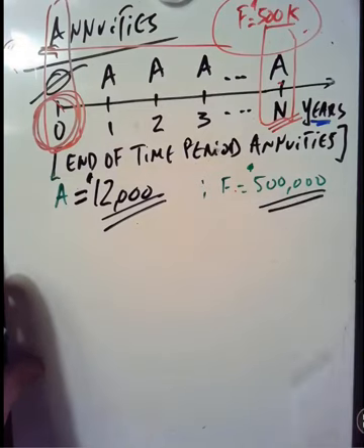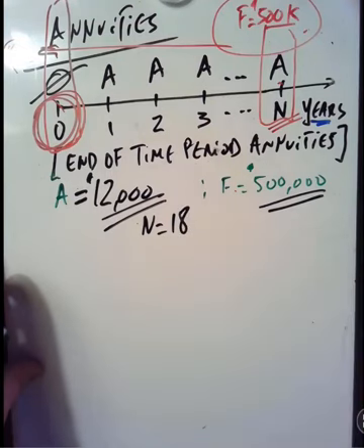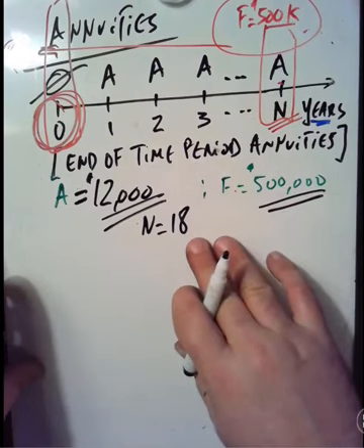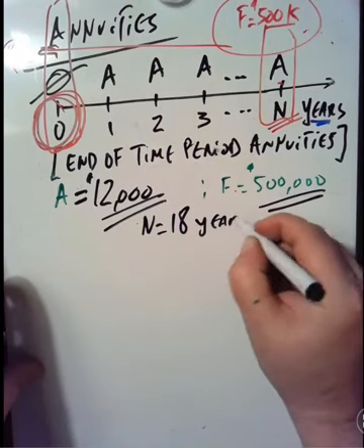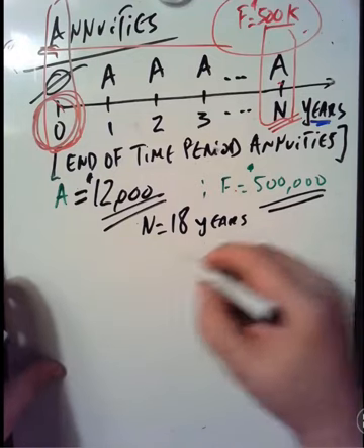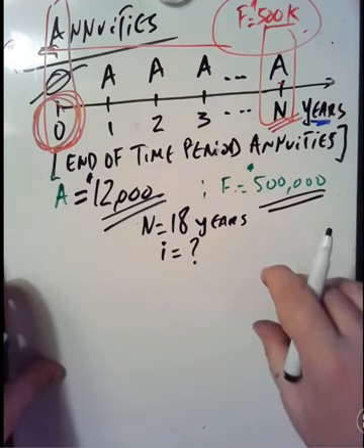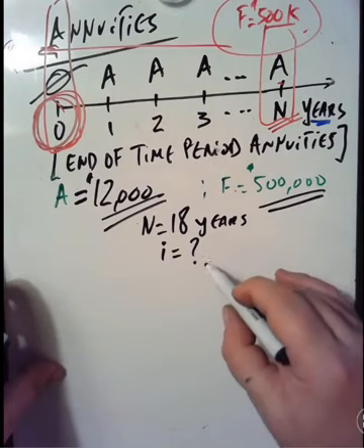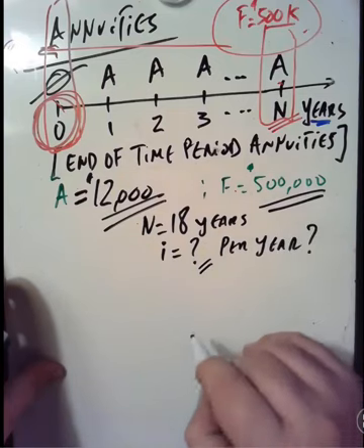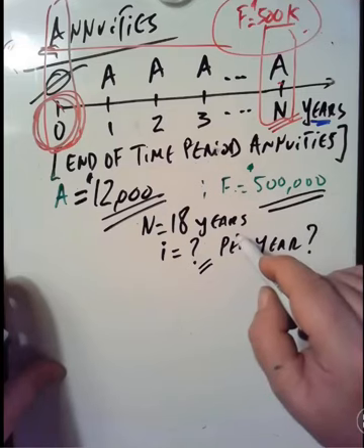I still want to get the 500,000, and I still want the n to be 18. I still want to have it 500,000 by my kid's 18th birthday. So how much would have to be the interest? I would need to shop around for a new financial security that would guarantee me how much per year, so that this 12,000 would turn into 500,000 18 years from now.